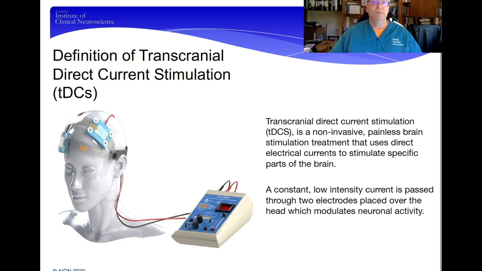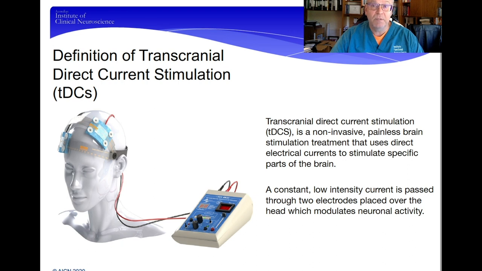Our topic today is transcranial direct current stimulation. And what is transcranial direct current? It is basically a non-invasive, painless brain stimulation. We use direct current, and we'll talk about what direct current is in a few slides, to stimulate specific parts of the brain. With transcranial direct current, we can both stimulate and inhibit.